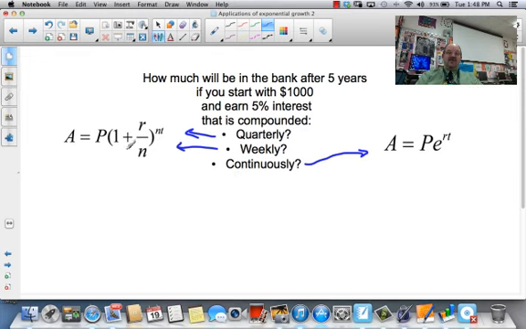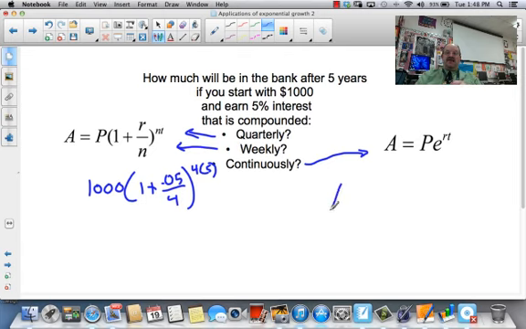So I'm not going to go through these, but you could plug in 1,000 times 1 plus, in this case, 0.05 over 4 for quarterly, to the 4 times 5, because we're going to get interest 20 times over the course of 5 years. When we're doing it weekly, instead of 4, it'd be 52, so we divide the interest rate by 52.